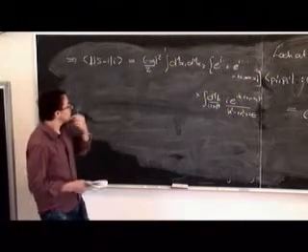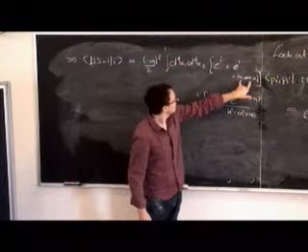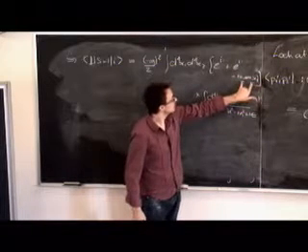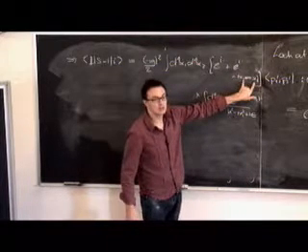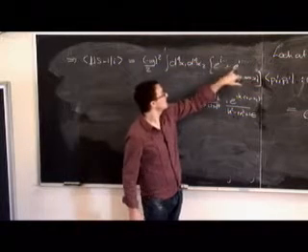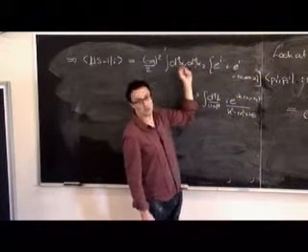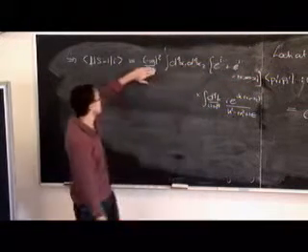Okay, so you can now convince yourself that the terms with x1 and x2 exchanged are exactly the same as these two terms under the integral, because x1 and x2 are on the same footing. So that's going to cancel this factor of a half.